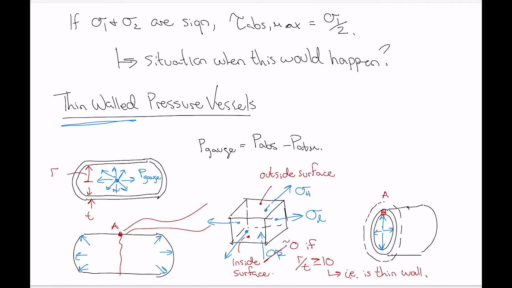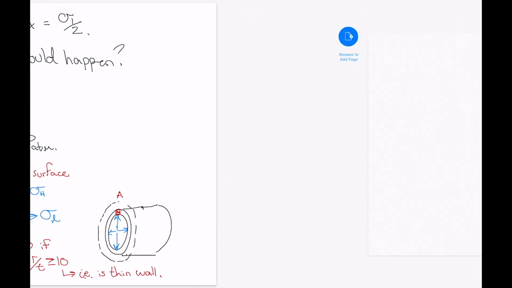Okay, so for these pressure vessels that are classified as thin wall pressure vessels, it's very easy to build up an equation that relates gauge pressure within the tank to stress in the wall. So let's just do that.